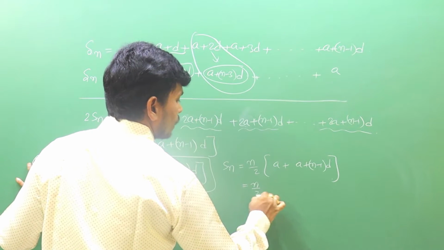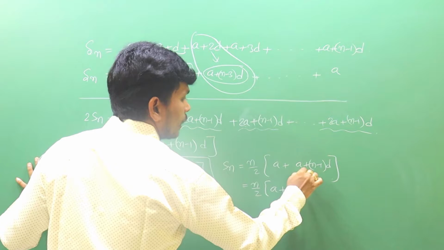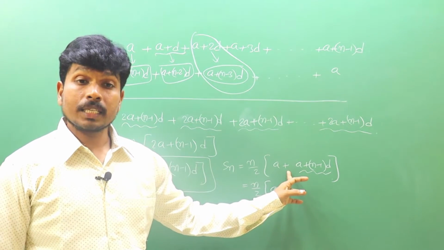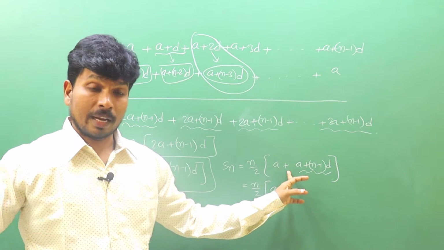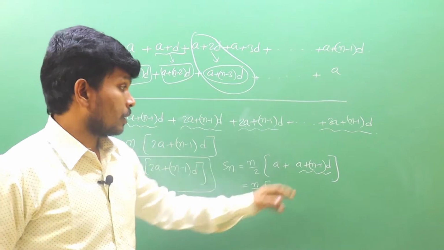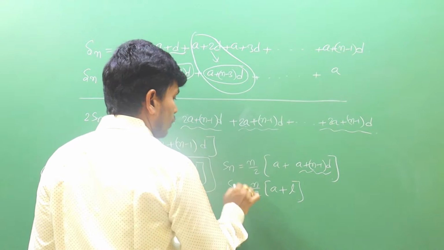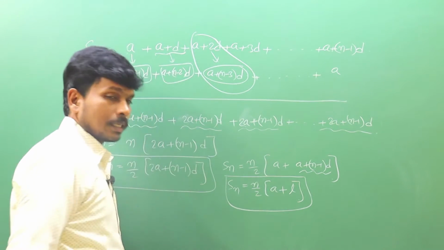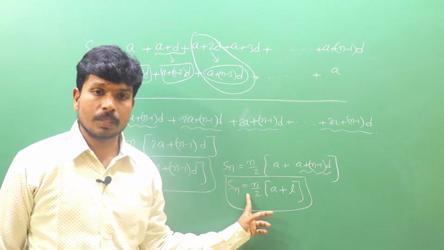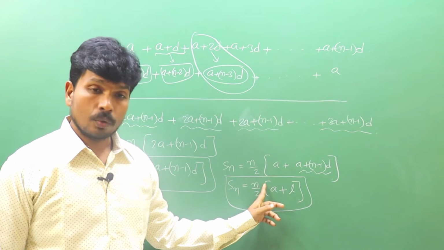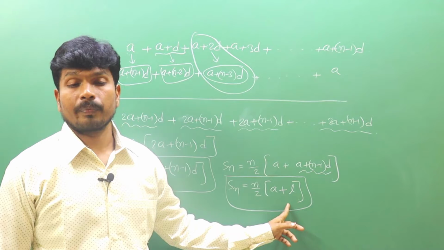Here a is nothing but the first term, and this is the general term, the nth term, the last term. Tn is equal to a plus n minus 1 into d when n is last. So that's why this is denoted by L. So one more formula you got: Sn, the sum of the n terms, is equal to number of terms by 2 into first term plus last term.